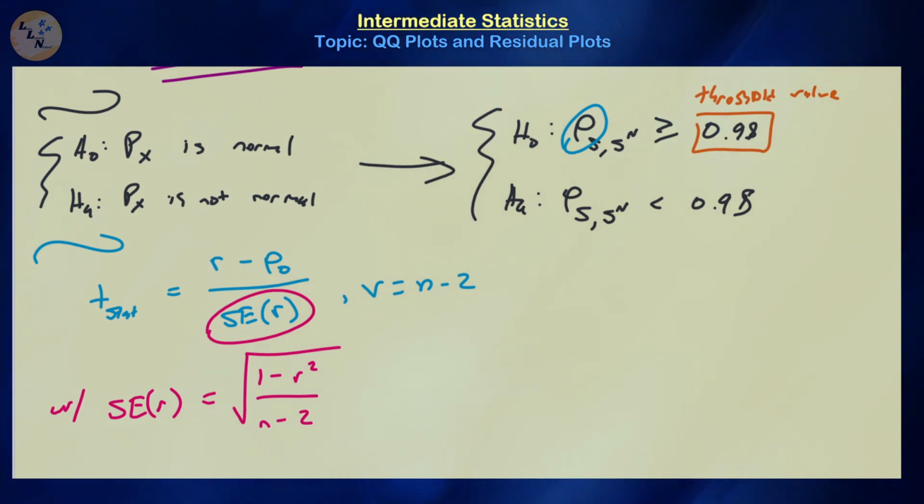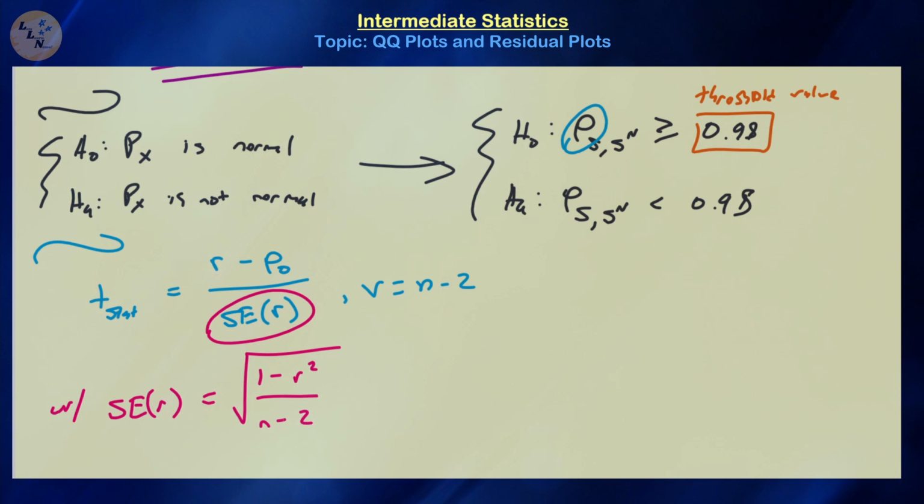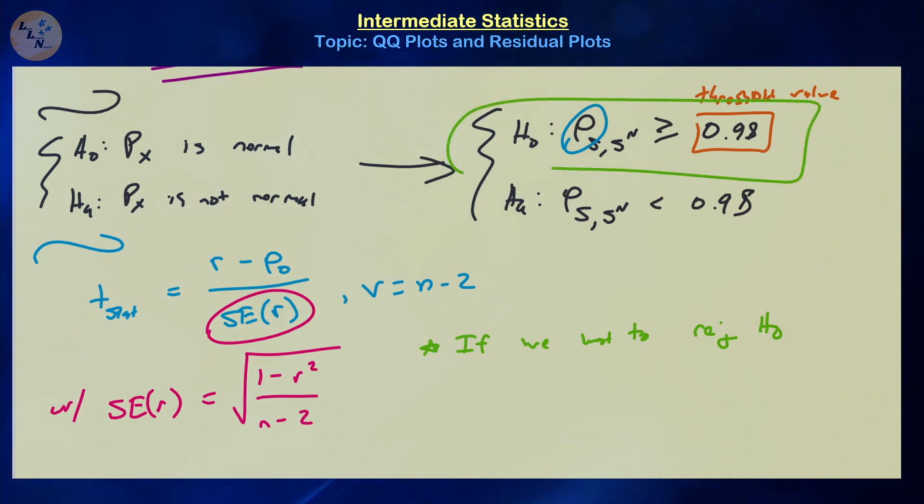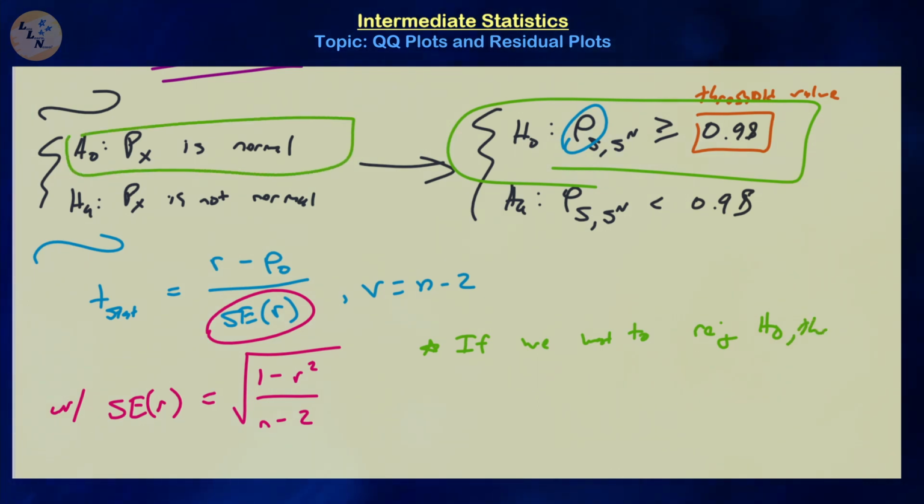So we need a level of statistical significance in order to compare, for example, our p-value to, but I'm just going to leave that open to you so you can choose that based on your studies. So if we want to reject the claim that it is truly normally distributed, then we want r to be significantly less than our threshold value of 0.98.